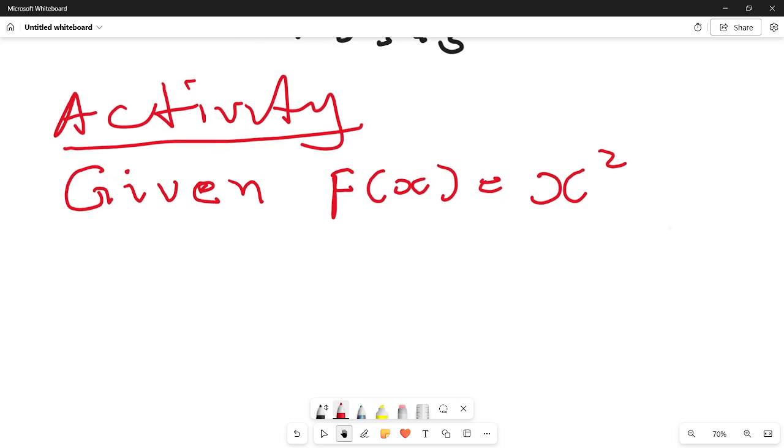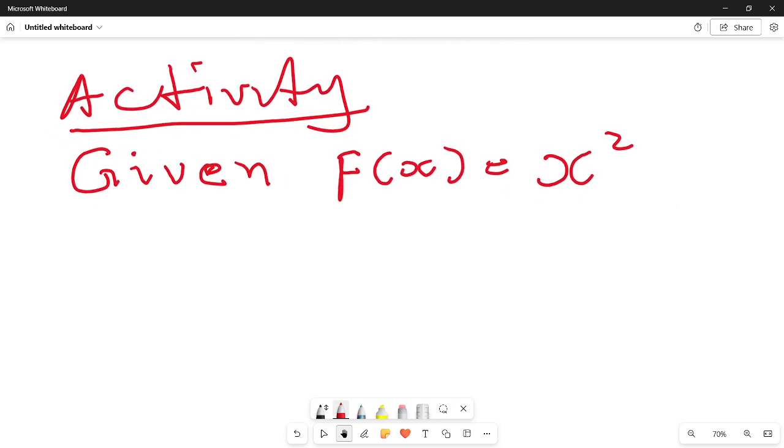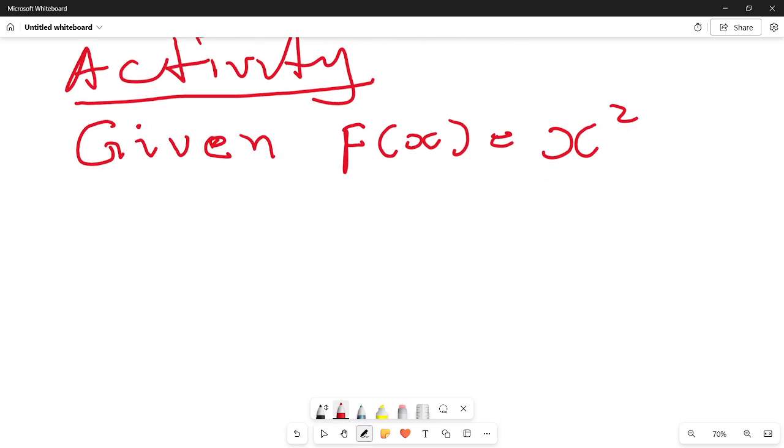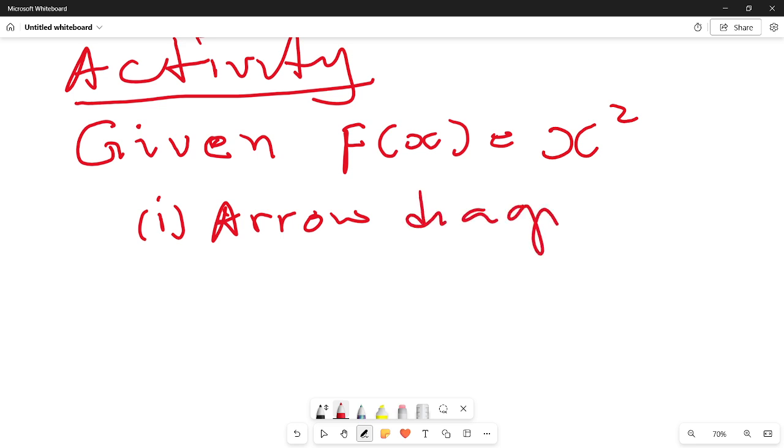So in this case, we have written a function as an equation. What I want you to do is to represent this function using an arrow diagram.